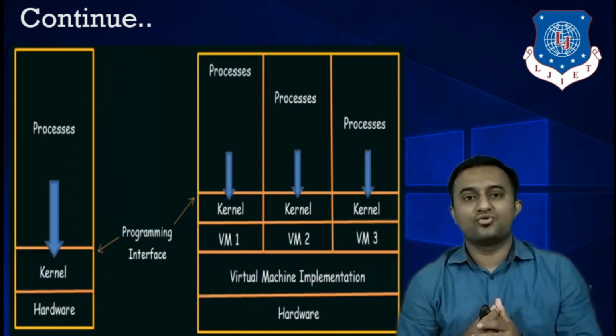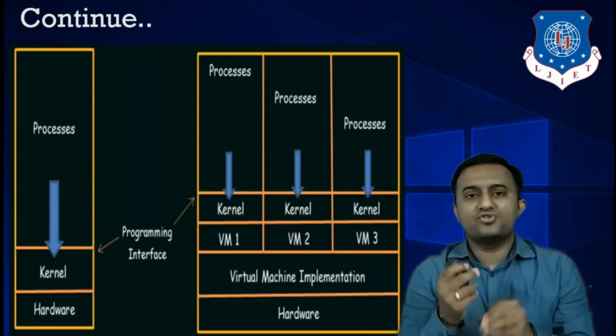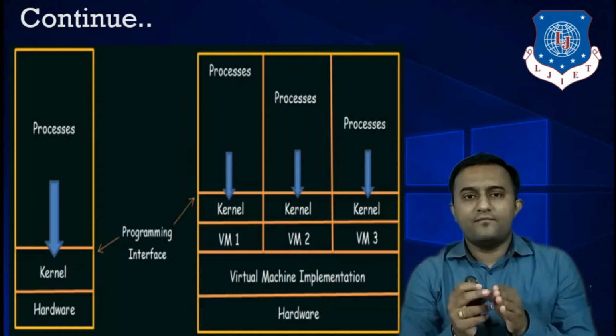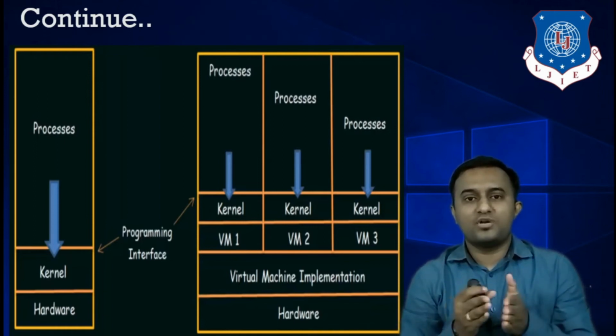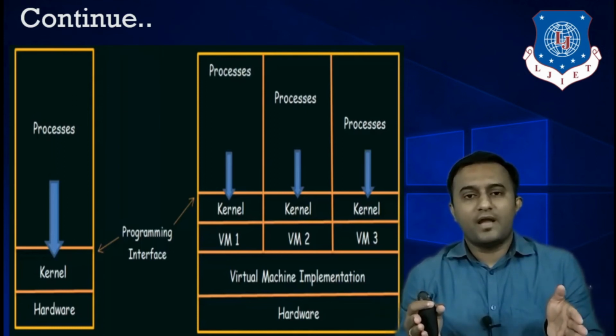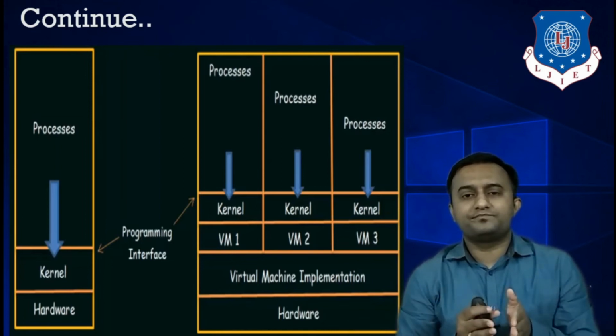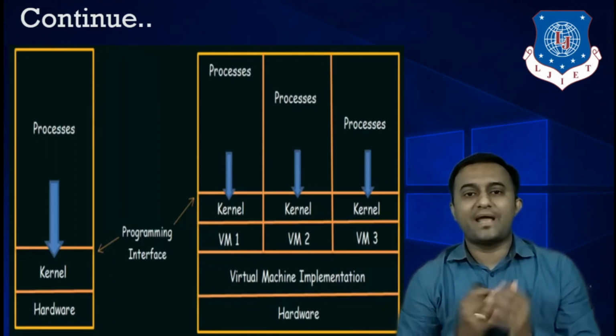Fine. So while installing these operating systems, each and every virtual machine requires some space. Total hard disk space is available, and out of the total hard disk space, some space is already occupied by Windows, that is our primary operating system.